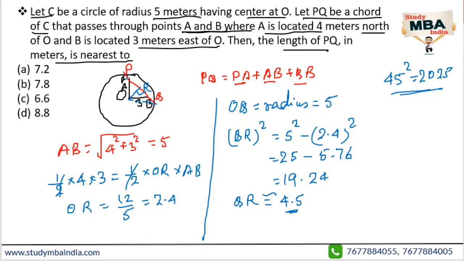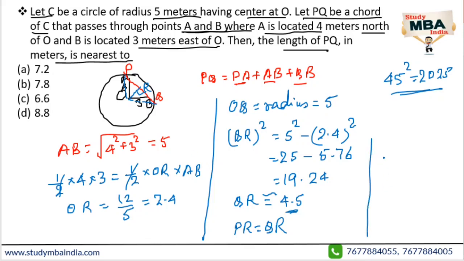Now we need to calculate PR, and PR will be equal to QR. Why? Because if you take a line from O to P, this is again a radius, and OR is again the perpendicular, so we'll get the same length here also.